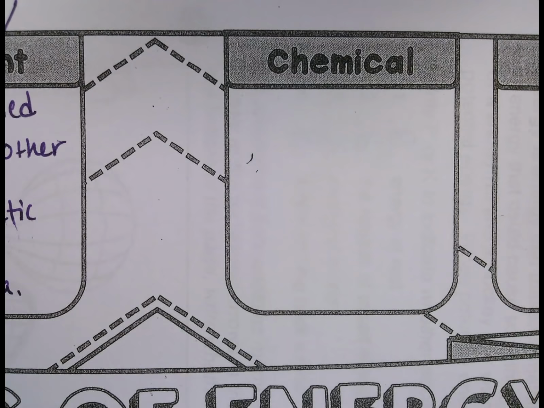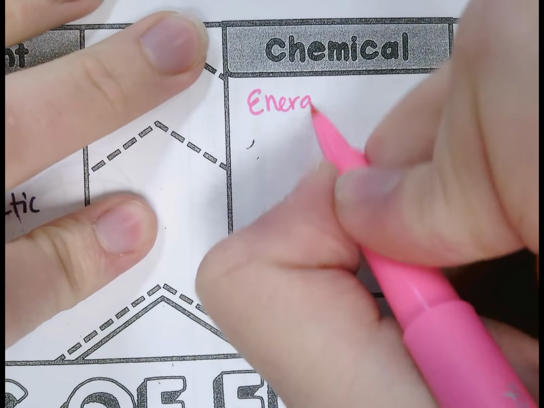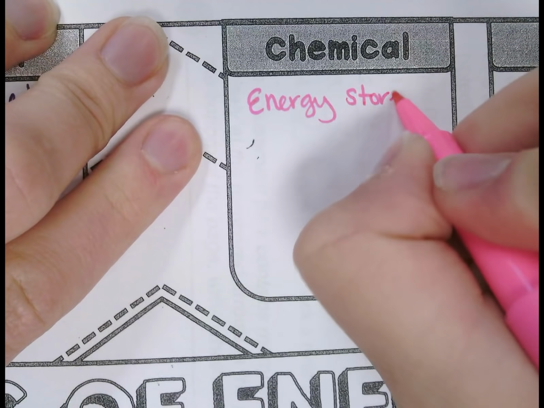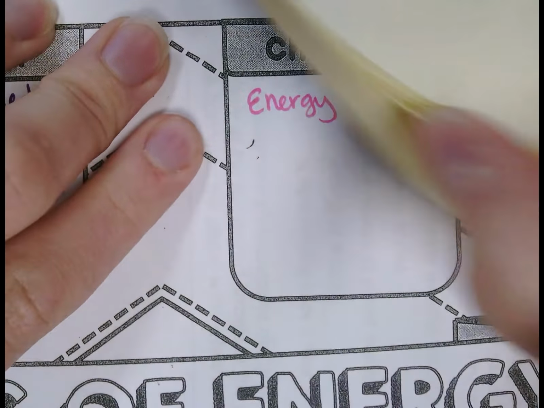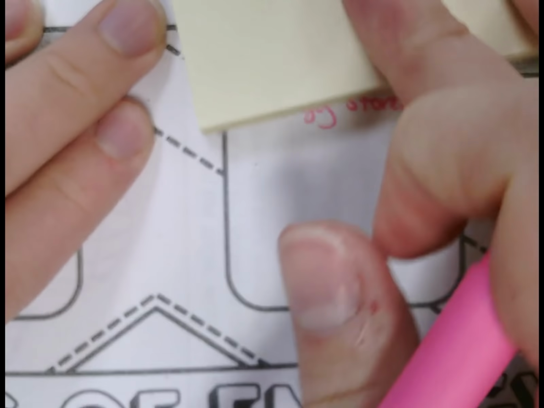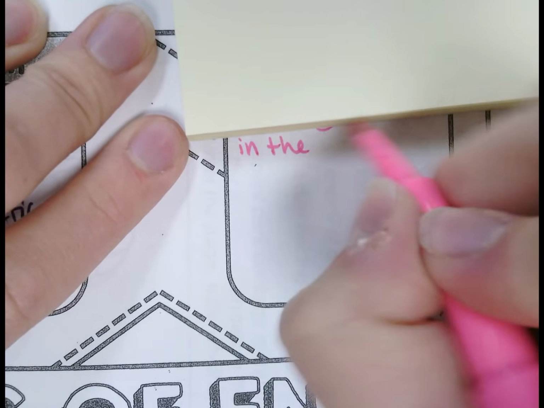So chemical energy is energy stored in the bonds.